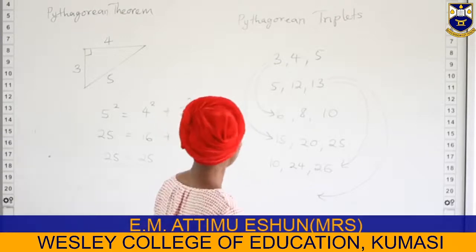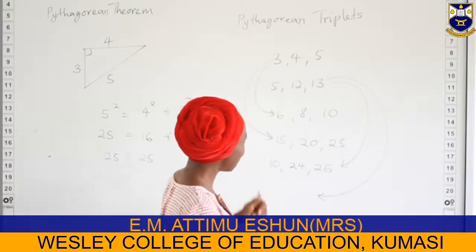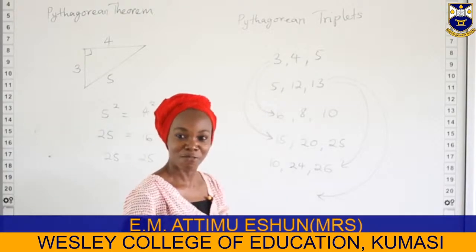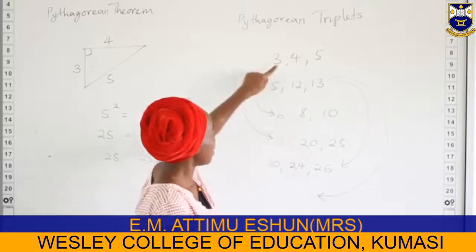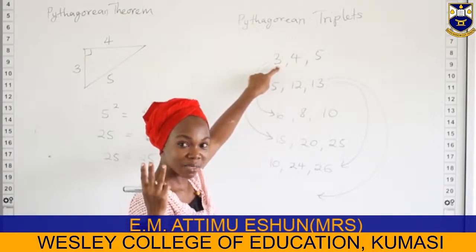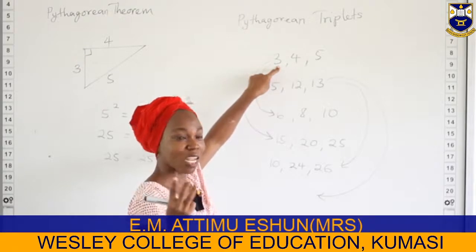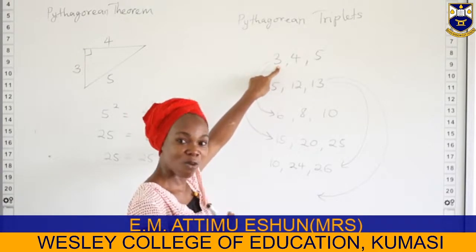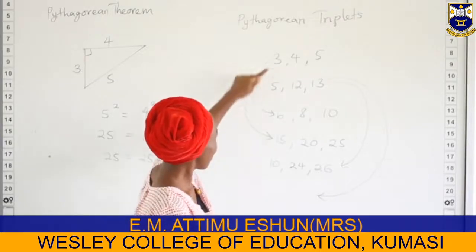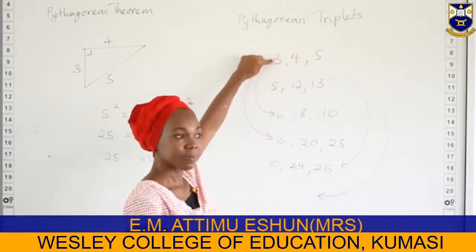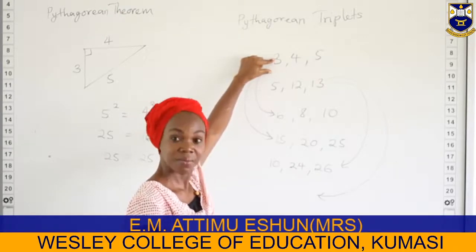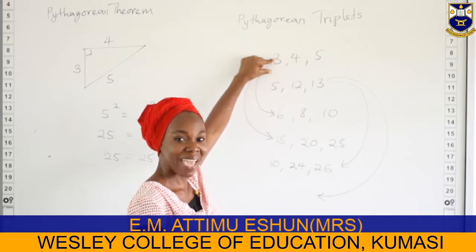And so let's take a look at what happens in the case of odd-numbered Pythagoras triplets. This set begins with the number 3. That's an odd number. So let's see how it works out for the other numbers. If we square this number 3, what shall we have? 9.